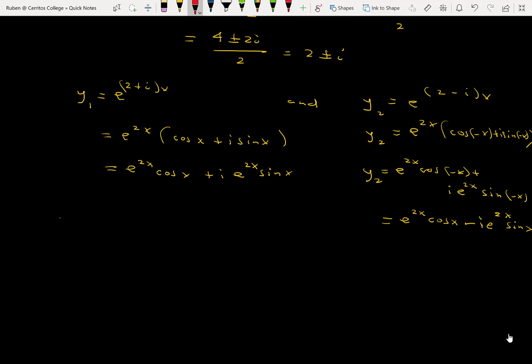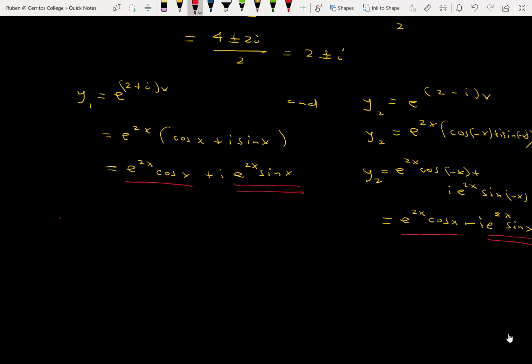So notice that in the first solution, we have e to the 2x cosine x. In the second solution, we have e to the 2x cosine of x. Also in the first solution, we have e to the 2x sine of x, and again in the second solution we have e to the 2x sine of x.